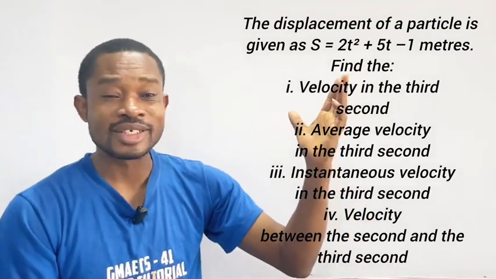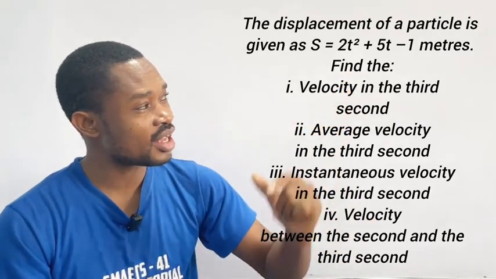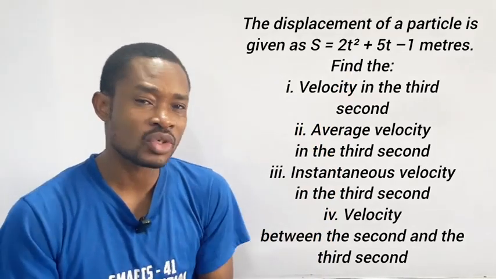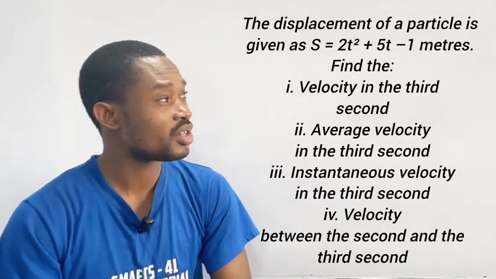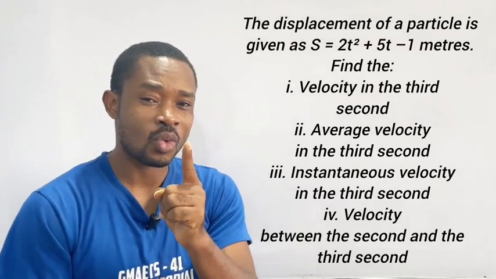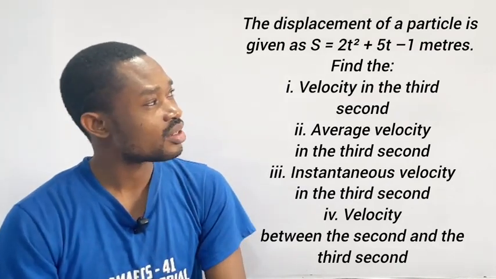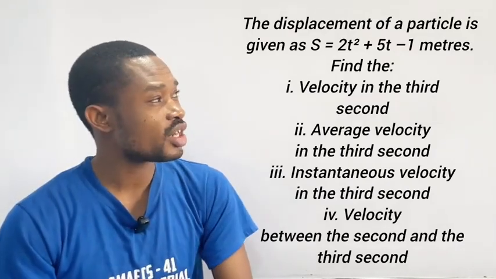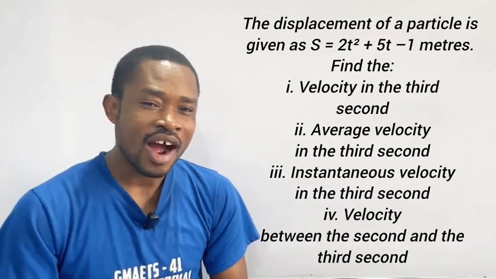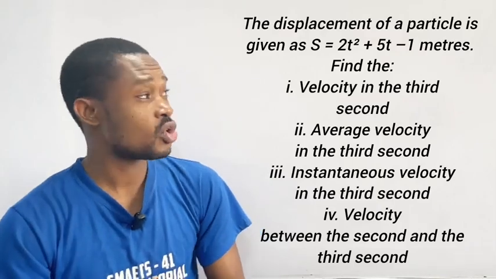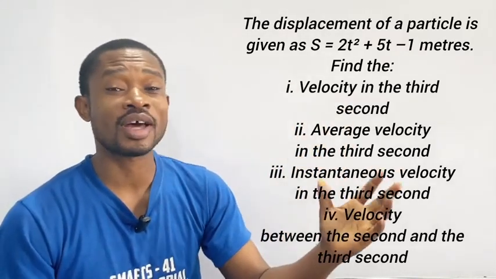Now you see the question: the displacement of a particle is given as S equals 2t squared plus 5t minus 1, in meters. Find, first, the velocity in the third second. Second, the average velocity in the third second. And of course, we have the third and fourth parts of the question.